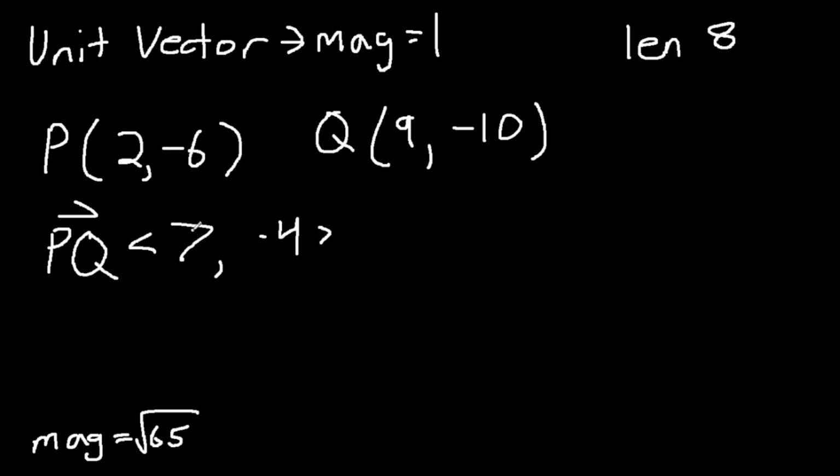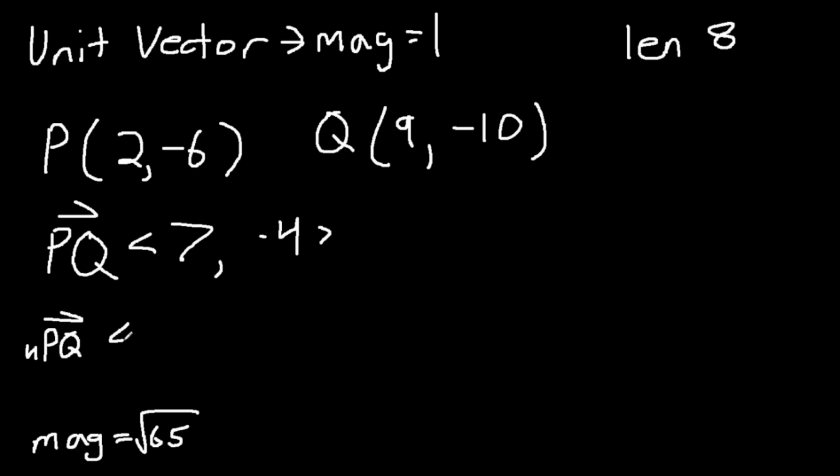So we already found the magnitude of PQ, which is the square root of 65. So what do we do to get the unit vector? We just divide each value in PQ by the square root of 65. Let's call this u, unit vector PQ. This is not actually how you name it in your actual Calc 3 class, but I'm just going to differentiate it like that.